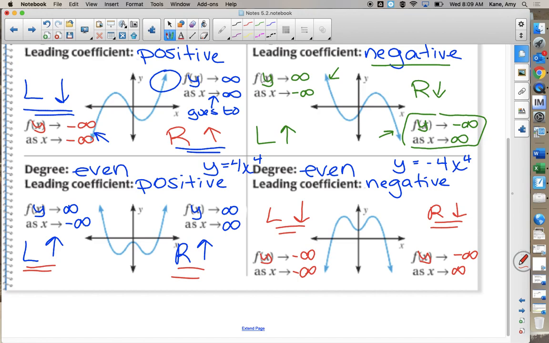So when you're asked to describe the end behavior, left versus right, where's the graph going? Is it an even exponent or is it an odd exponent? Is it positive or is it negative?